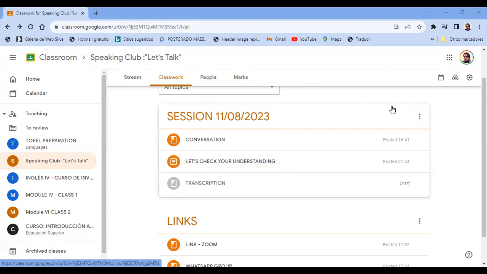In this conversation, it is about two friends who talk about what they are doing at this moment. For example, Mario is looking for a house because he will have a family.